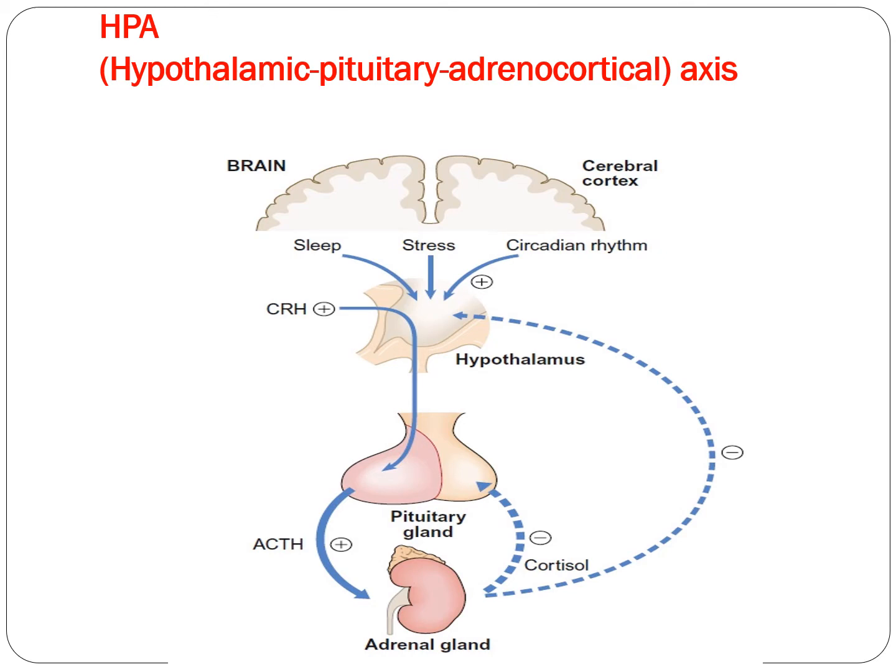ACTH stimulates the adrenal gland to produce steroids, but there is a negative feedback. If there is production of steroid, we want to control it, so the cortisol released from the adrenal gland gives a message to the hypothalamus and the pituitary gland.